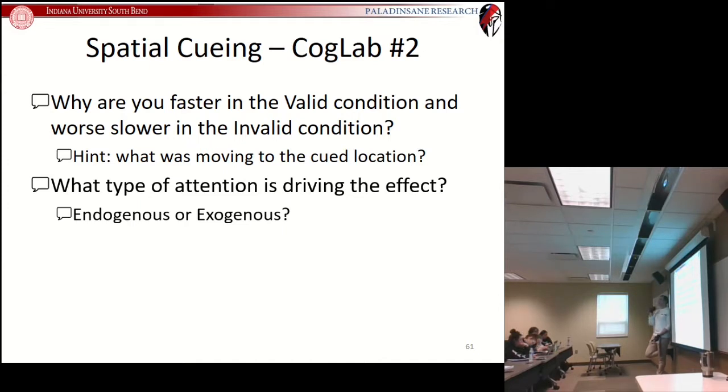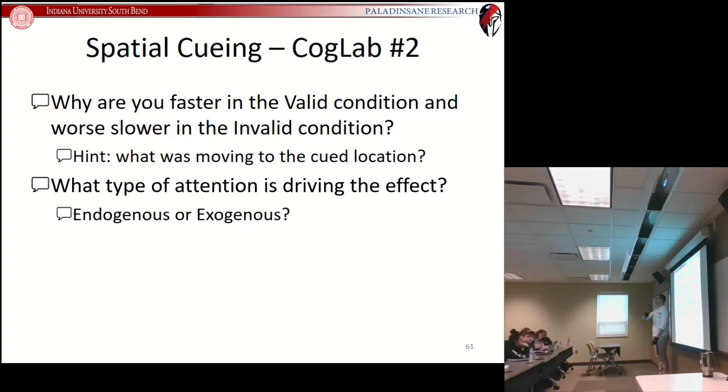So even if you did not have to do this task, even if this was just a video that you were watching, your eyes and your attention would immediately go to that red square. That makes it an exogenous stimulus, and that is a nice indication of the difference between the two forms of attention. And importantly, you can see that it takes effort and time to move our attention around.